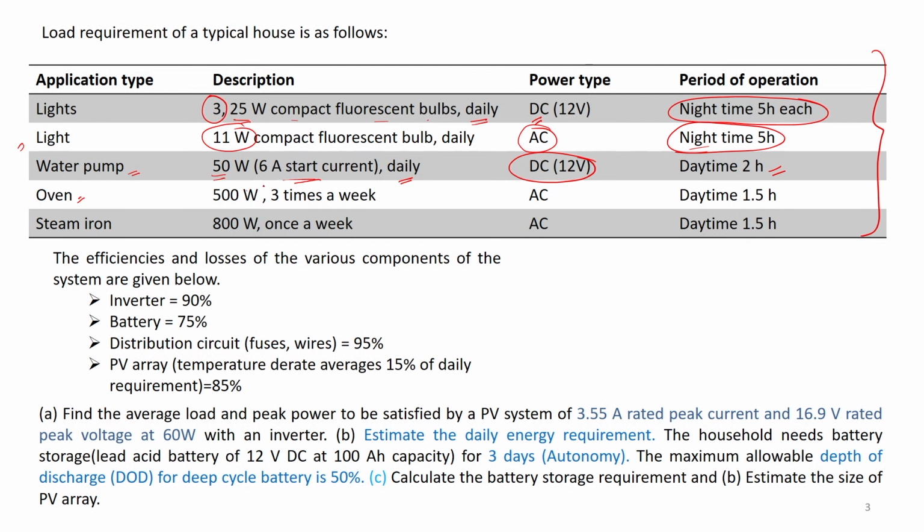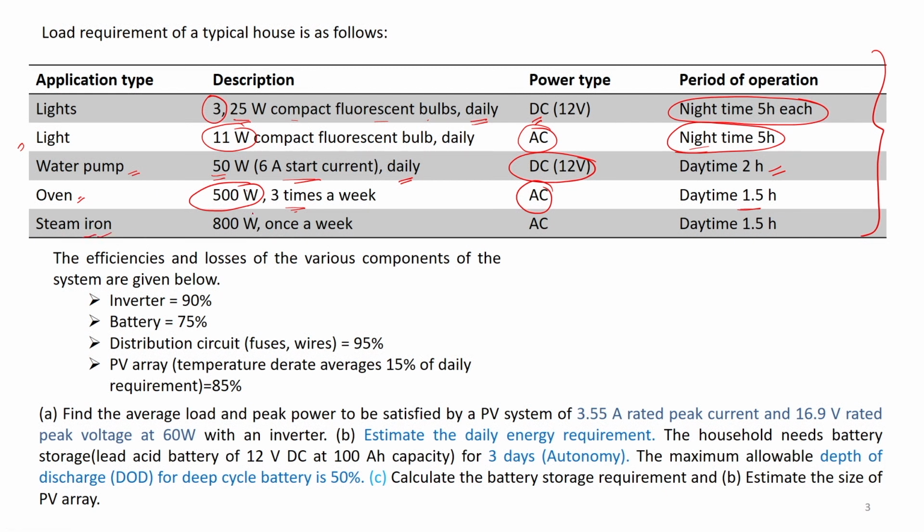And we have an oven, its power rating is 500 watt, used 3 times a week, and the requirement is AC, daytime operation, for 1.5 hours.